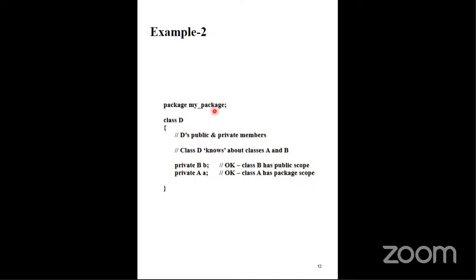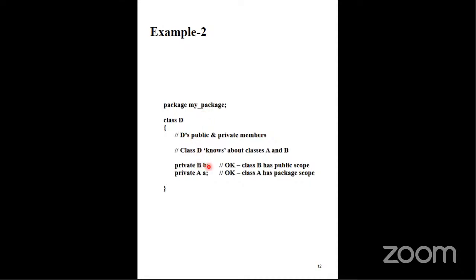Remember, in the previous Java file I had two classes, class A and class B in my package, out of which class B was public and class A was default. Now in this Java file, again I have my package, and I'm declaring class C and class D, which also belong to my package.